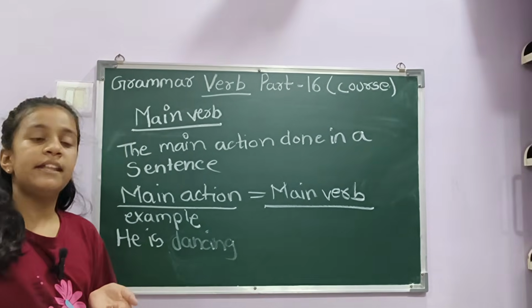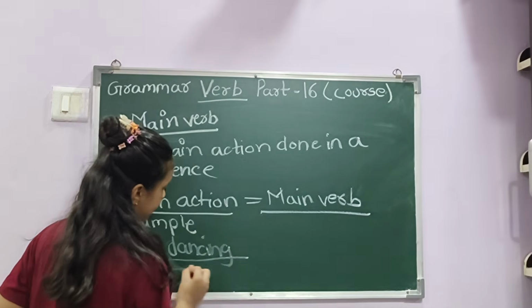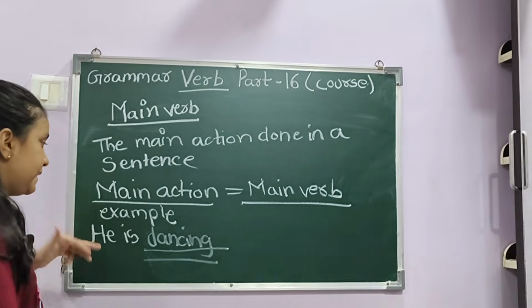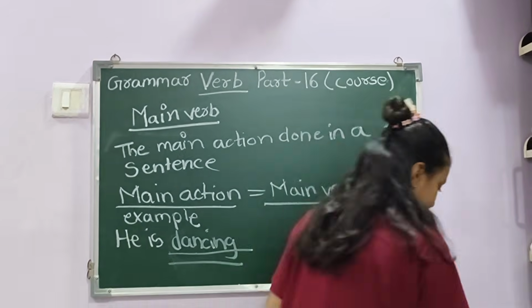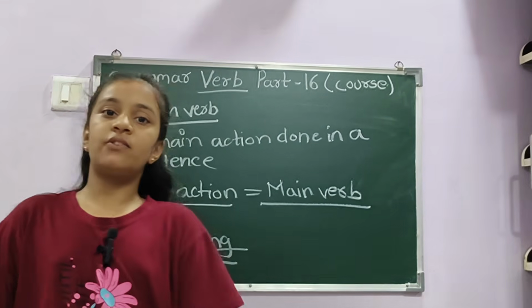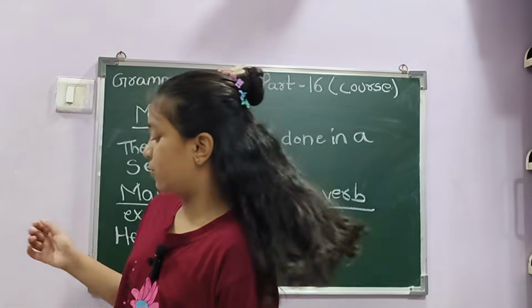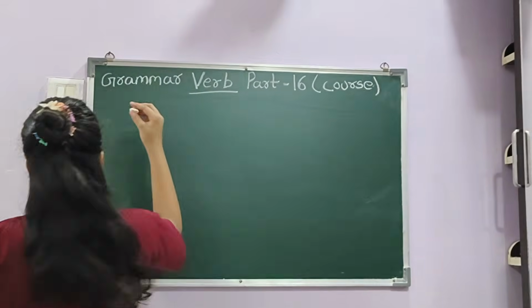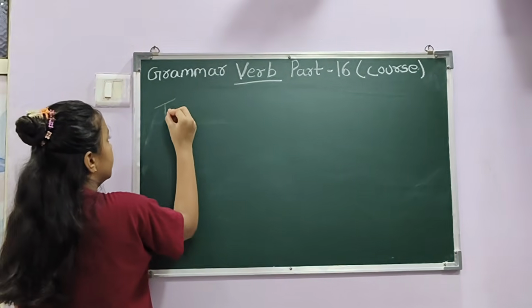Here, what is the main action? Dancing is the main action. What is he doing? He is dancing, and it is the main action. So let's move towards transitive and intransitive verbs. Let's learn transitive and intransitive.